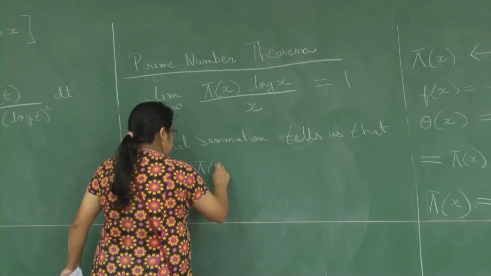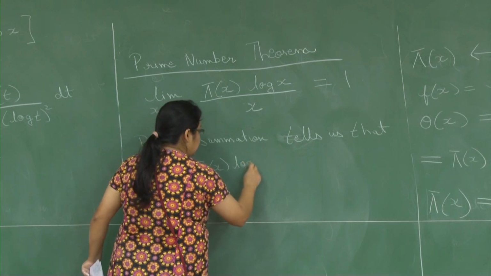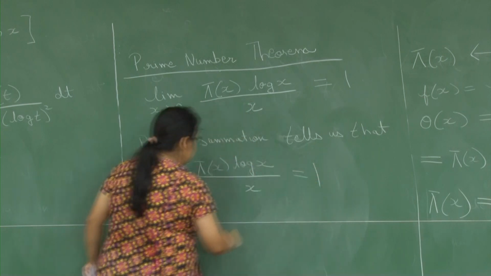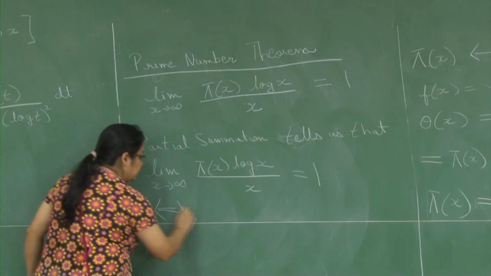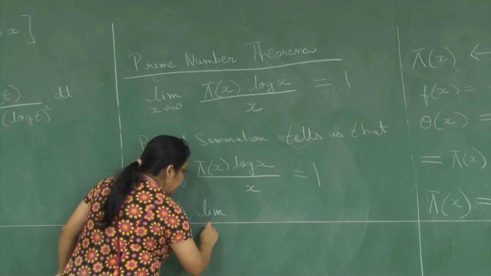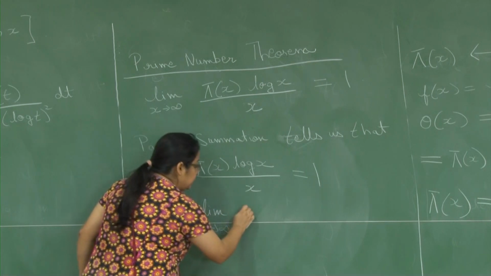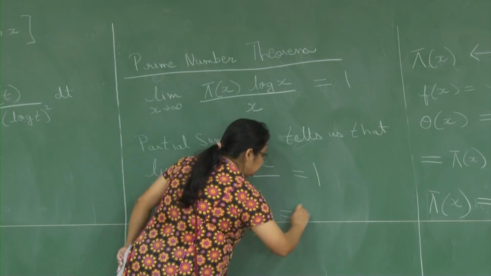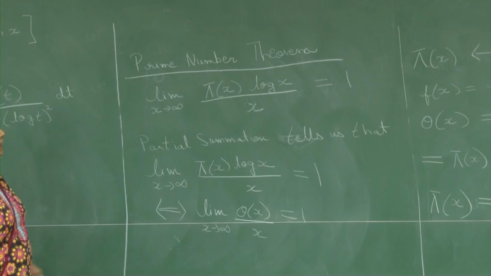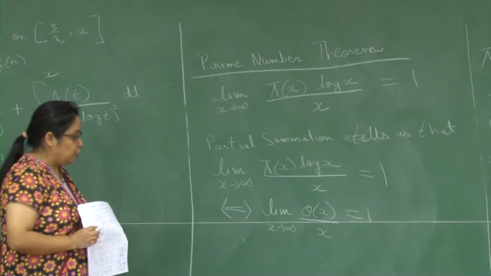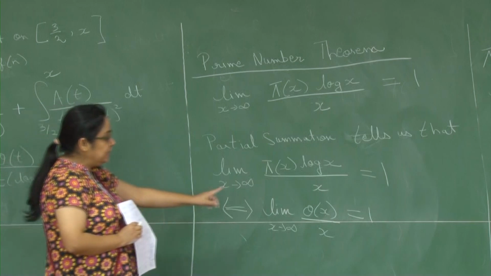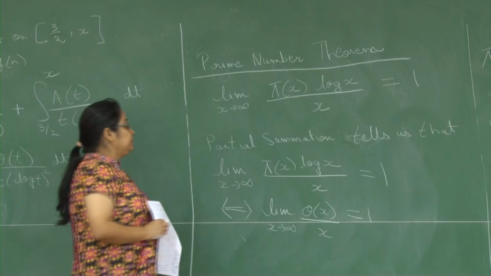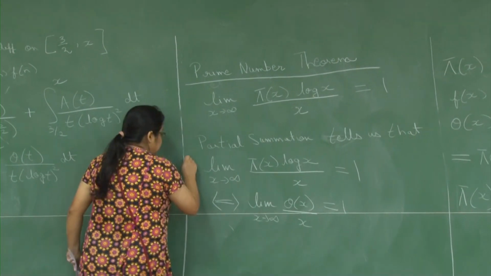So, this limit is equal to 1 if and only if the limit as x goes to infinity of theta of x over x is equal to 1. To say that pi of x is asymptotic to x over log x is equivalent to saying that theta of x is asymptotic to x, all right. So, this I leave as an exercise for you.